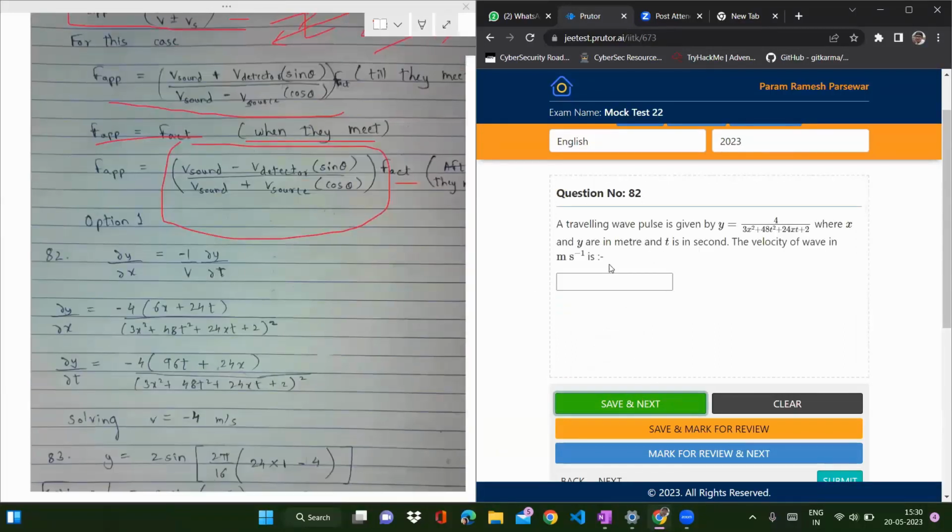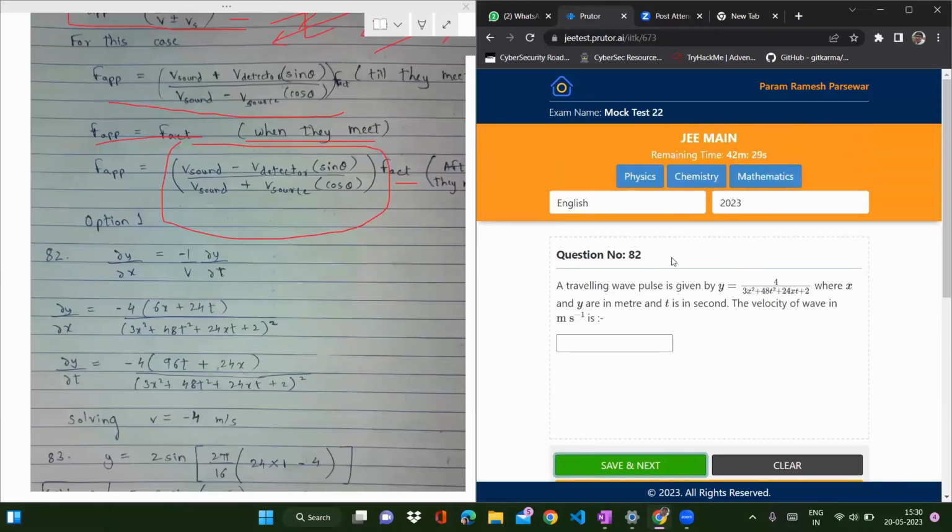Now here is a question from waves on a string. For a traveling wave pulse, we have one equation given for the wave: y equals 4 by (3x square plus 48 t square plus 24xt plus 2), where x and y are in meters and t is in seconds. The velocity of the wave is?